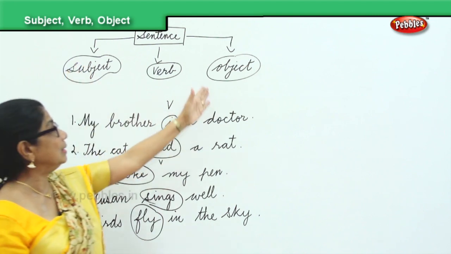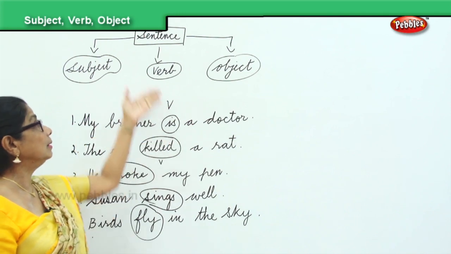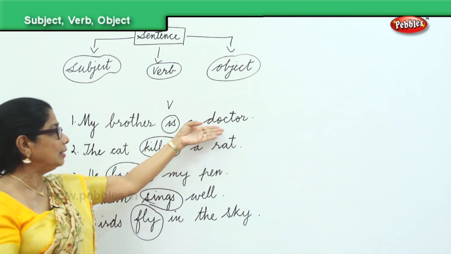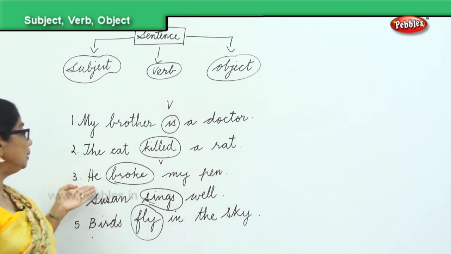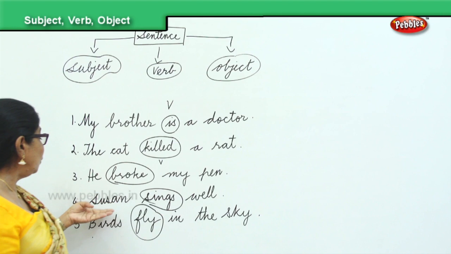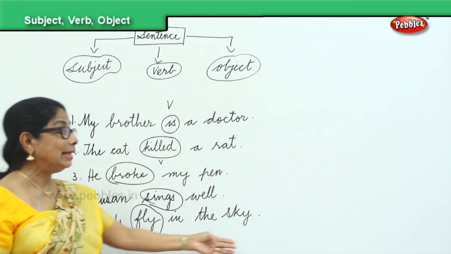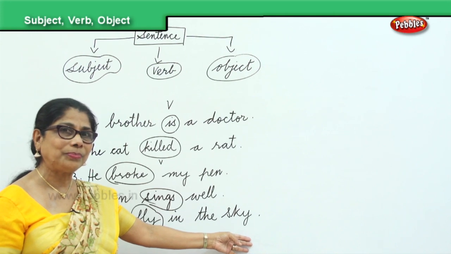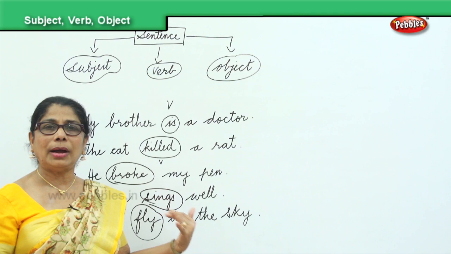Now, in the next, where is the object? Doctor is the object. Rat. Which is the object he broke? Pen. How does Susan sing? Well. And where do the birds fly? In the sky, object.